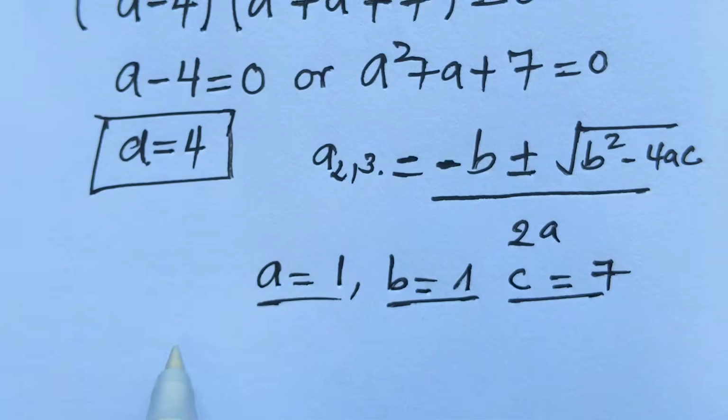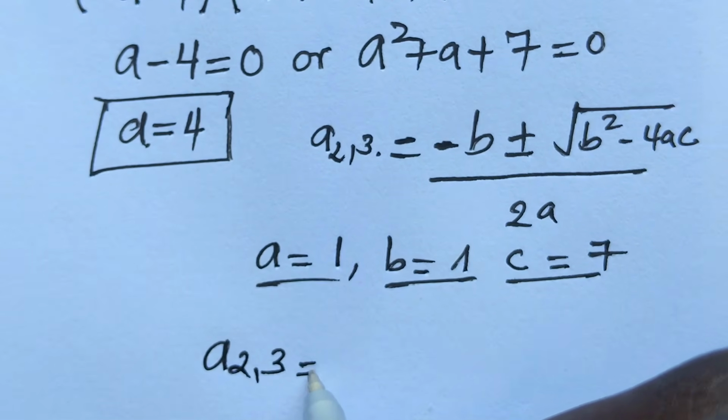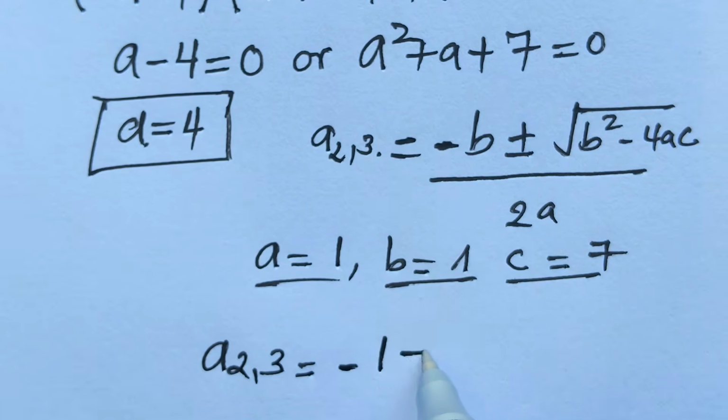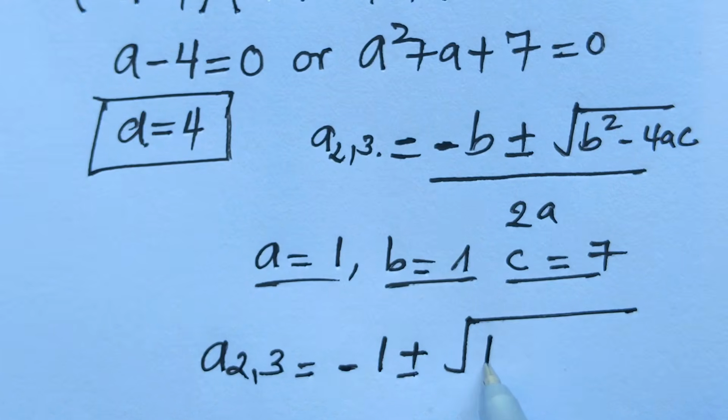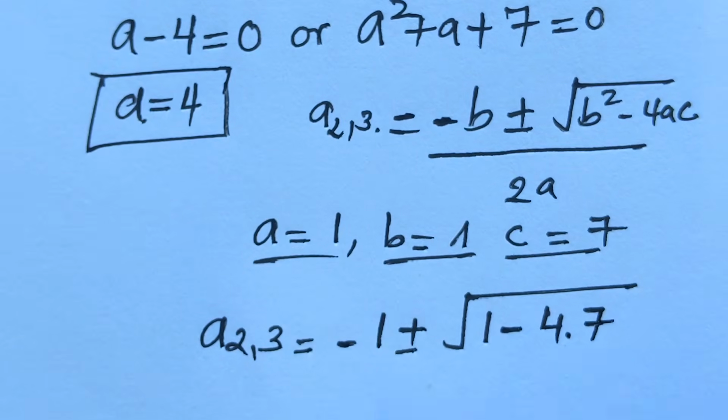Here we can continue by writing a2 and a3 as negative b, which is negative 1, plus or minus the square root of 1 minus 4 times c, which is 7, over 2.